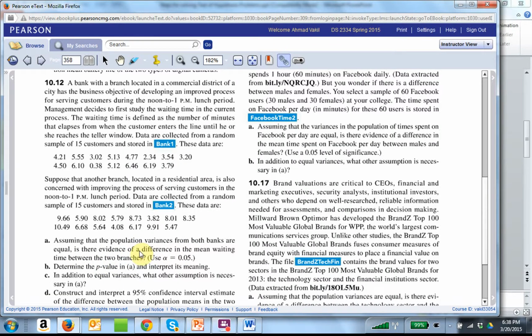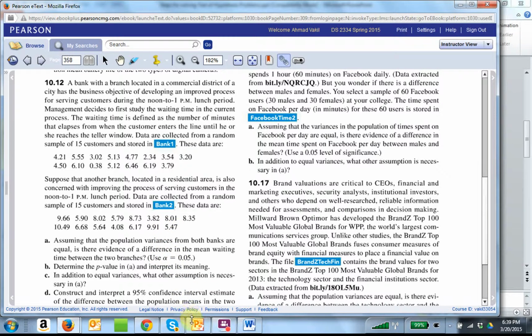As long as it says there is a difference, the difference could be more than or less than, so it could go either way. If it had said that one area's waiting time is more than the other, then we would do one tail. But right now, clearly, this is a two tail.